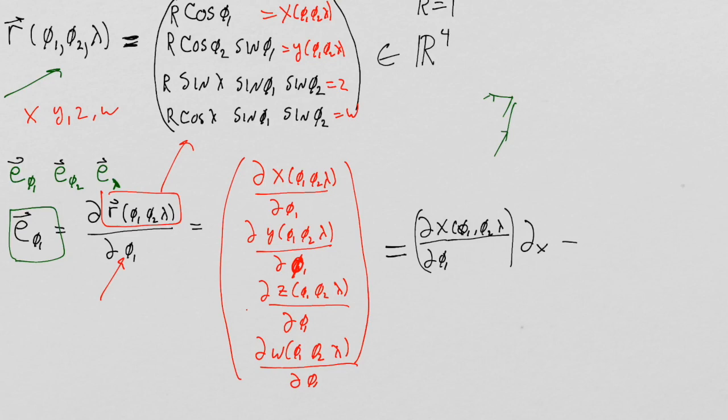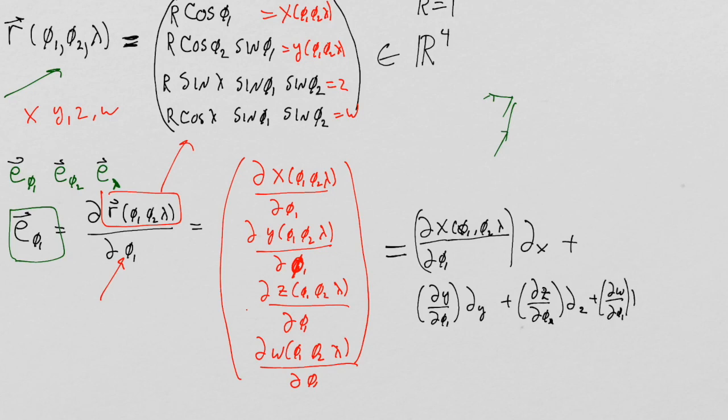And then that will be plus partial y, partial phi 1. Now I will drop the arguments, I'm getting sick of them already, partial y plus partial z, partial phi 1 of partial z plus partial w, partial phi 1, partial w.